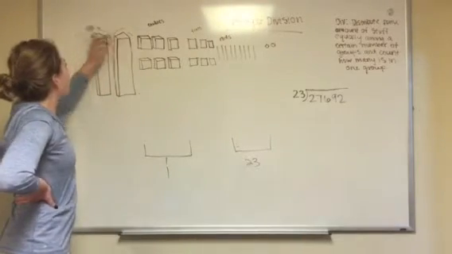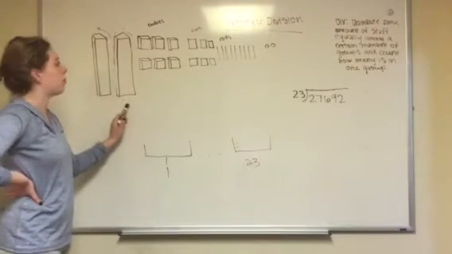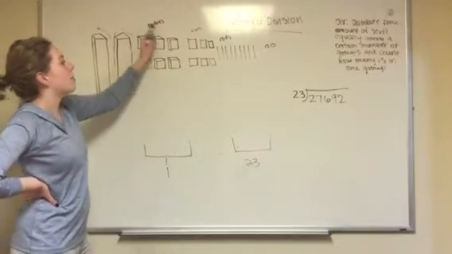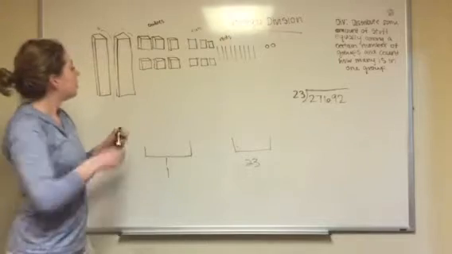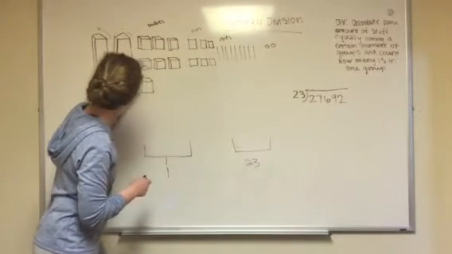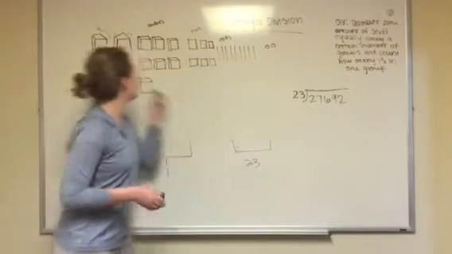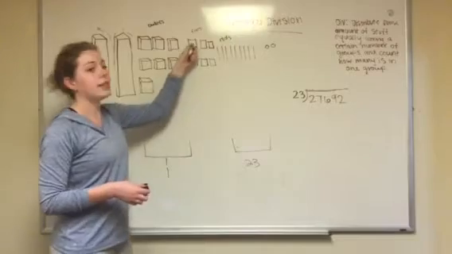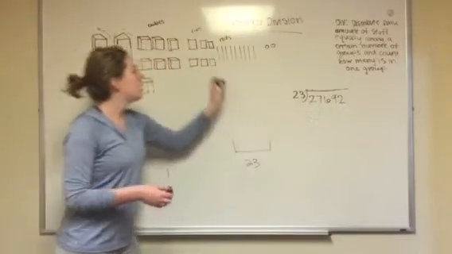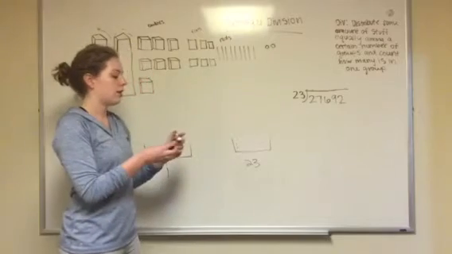So right here we have a display of two super rods, 7 super cubes, 6 flats, 9 rods, and 2 singles.